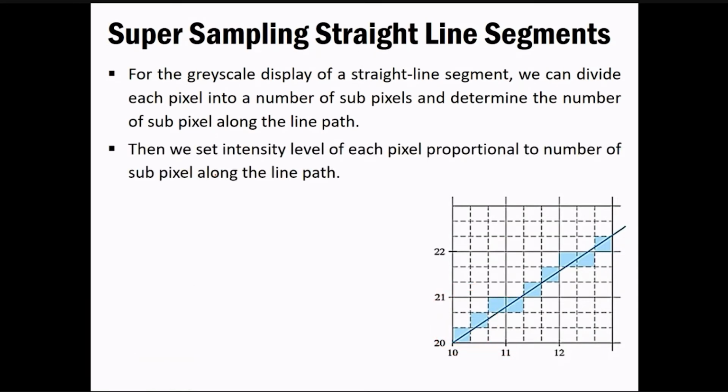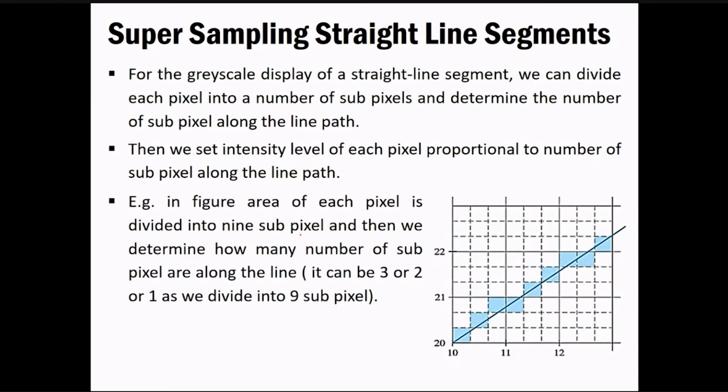Now what it says is that we set the intensity value or intensity level of each pixel proportional to the number of subpixels along the line path. Based on that information we give an intensity value proportional to the number of subpixels along the line path. In the figure, each pixel is divided into 9 subpixels.